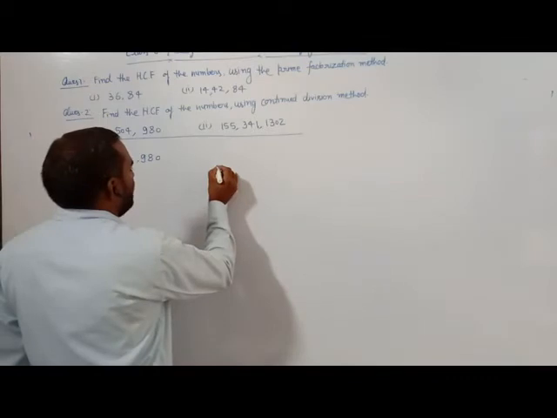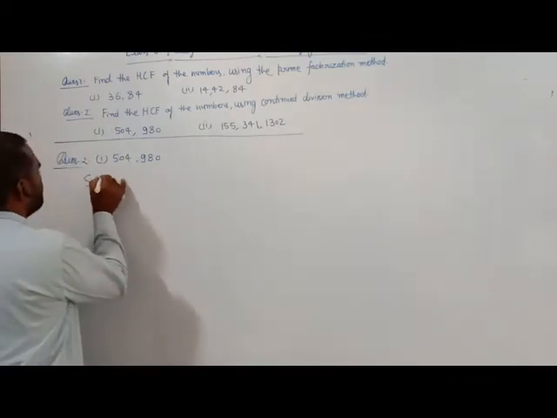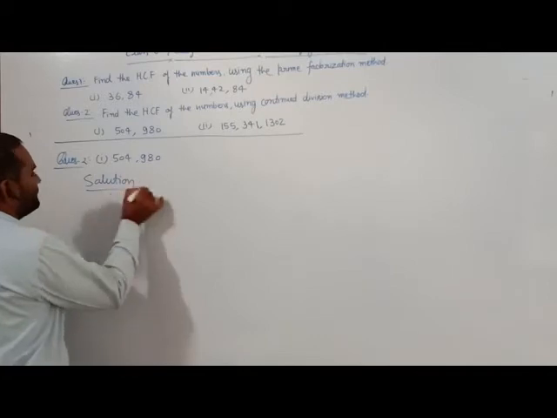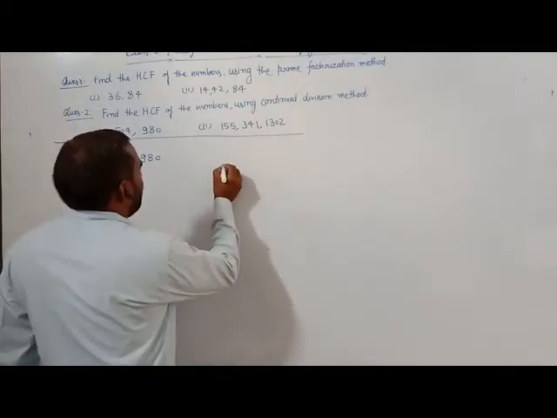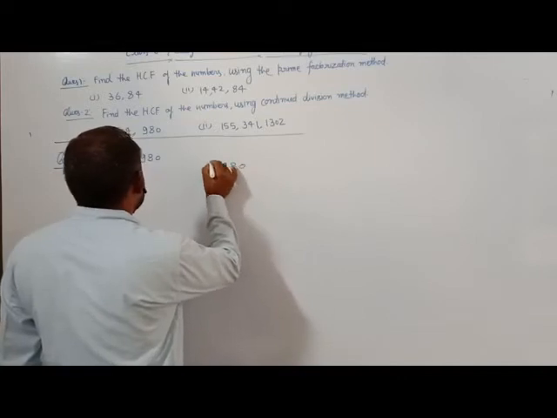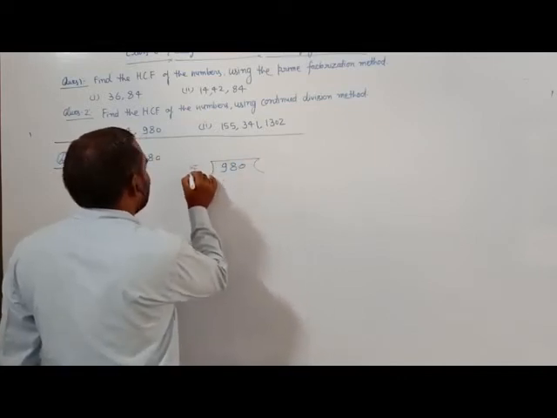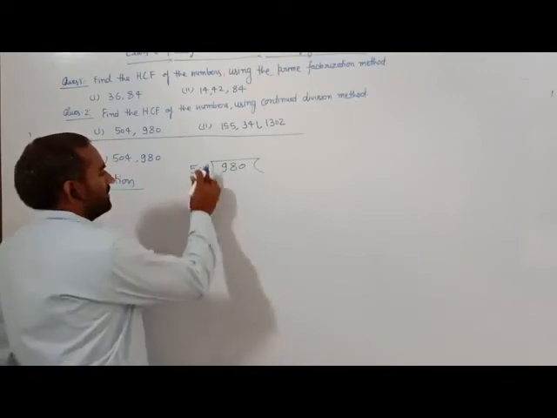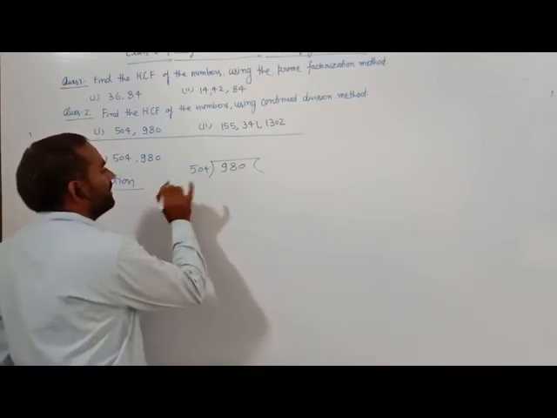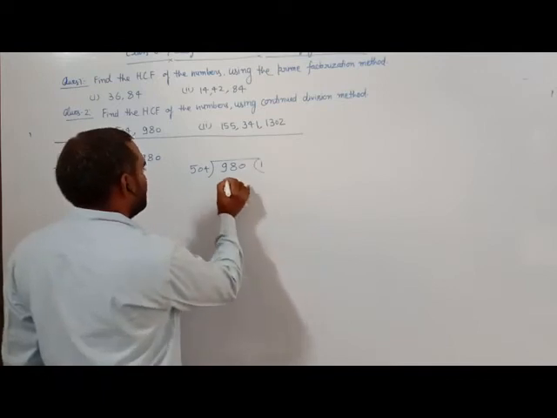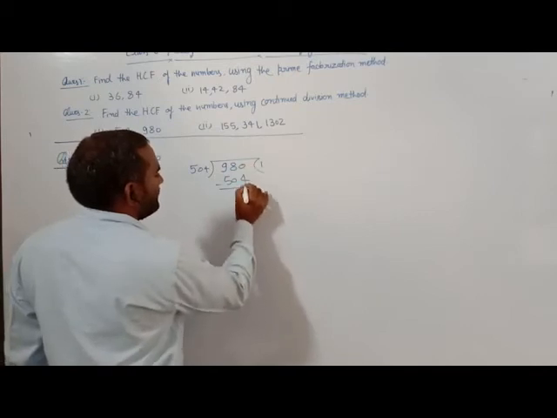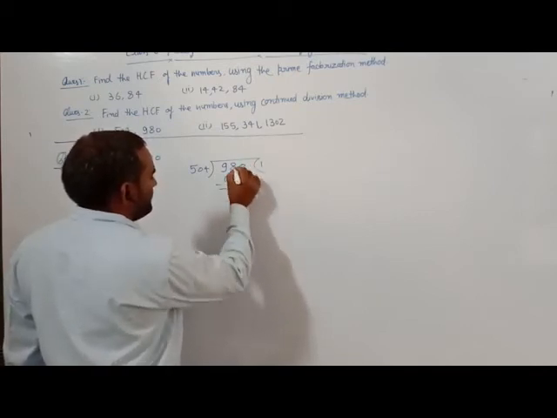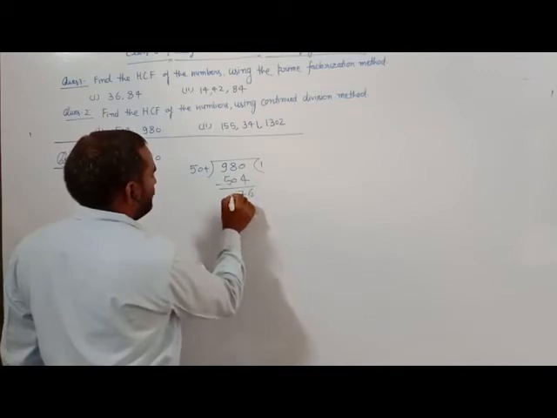So solution: 980 divided by 504. When we divide 980 by 504, it goes one time. 504. Subtract it. 476.